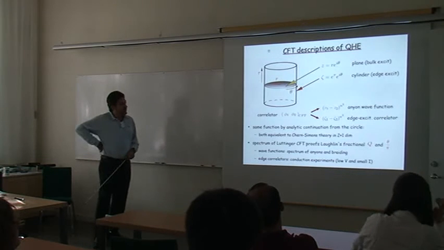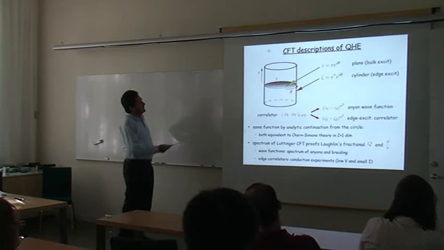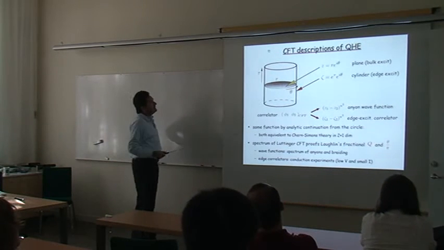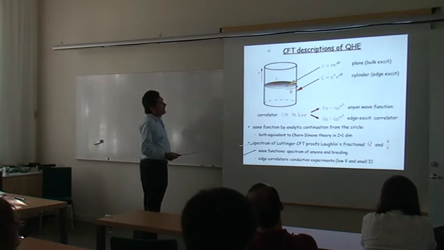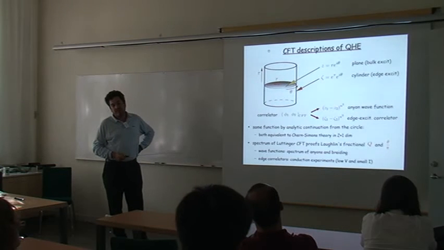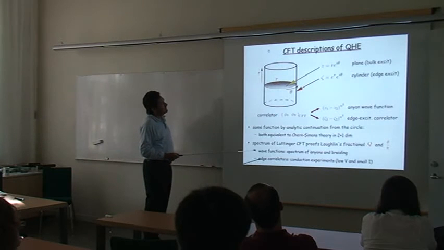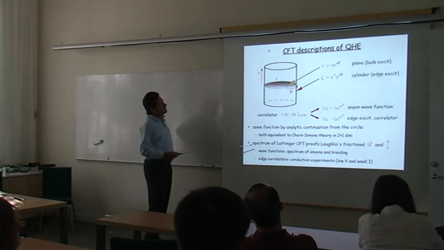So in fact there are two, because you have this droplet of electrons in the Hall state, and there are bulk and edge excitations, and they correspond to each other. So there are in fact two ways to connect to conformal field theories.